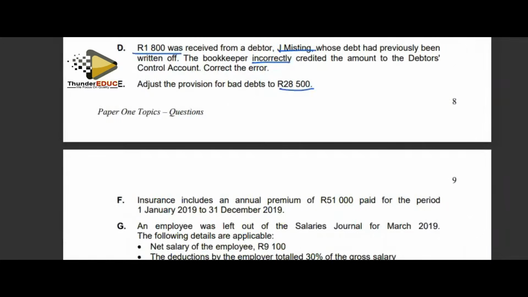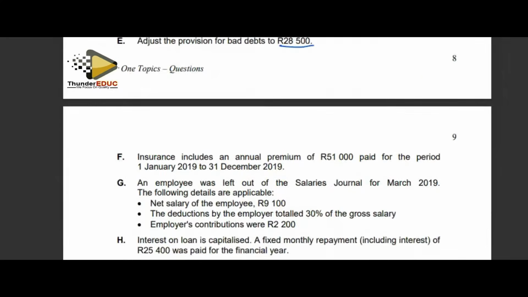Part G, they are saying an employee left out. Who left out this employee? Our accountant. An employee was left out of the salaries journal for March 2018. So the month end of March, this employee was not recorded for his salary, but was paid.